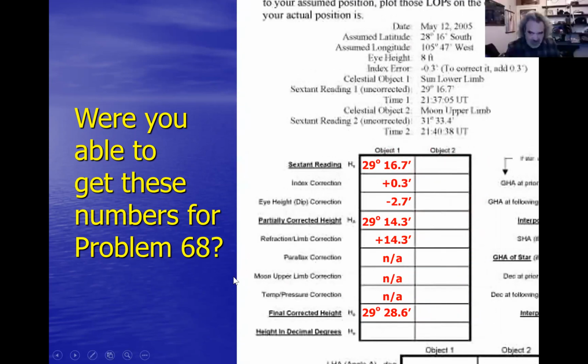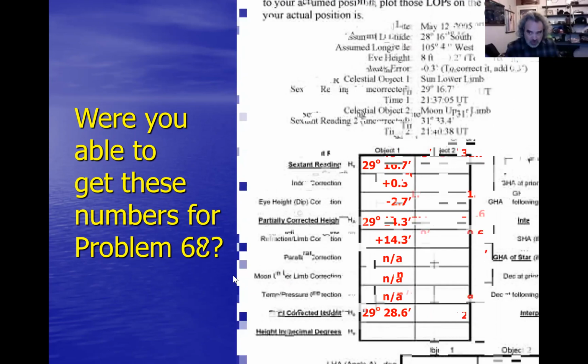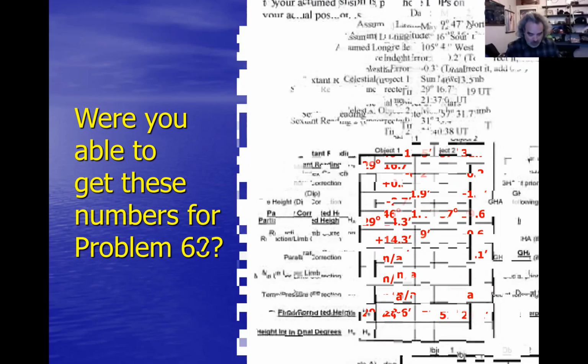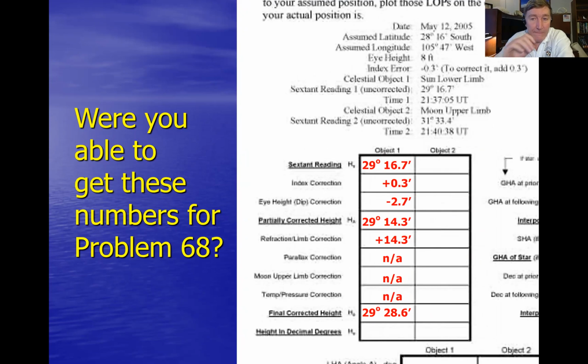So that was on problem 68, which I thought we were supposed to do, and I got stuck there. You mean problem 68? Yeah. Okay. And this is a major oops on my part. I should have told you to hold off on the moon, and I did not. So my bad. I sincerely apologize.